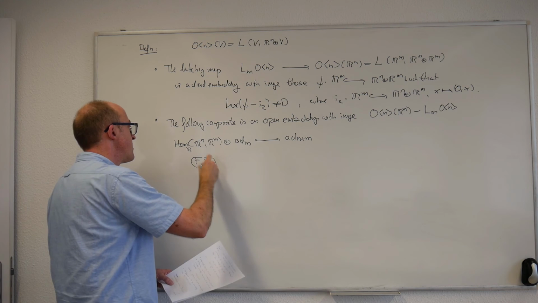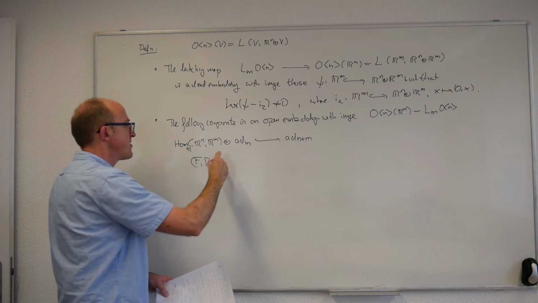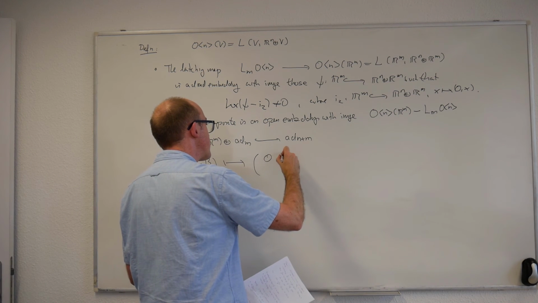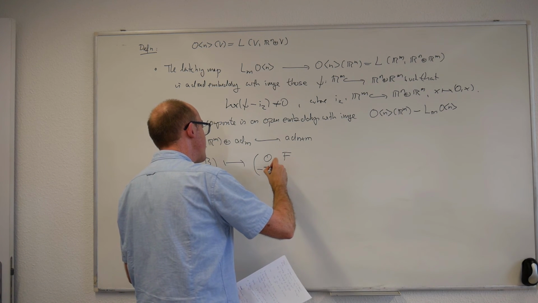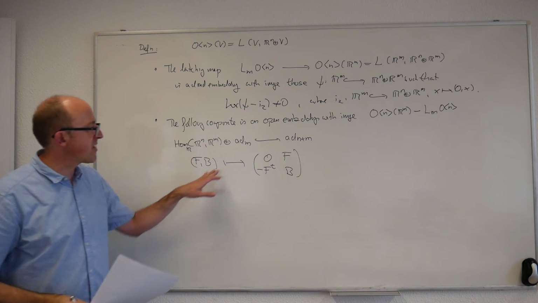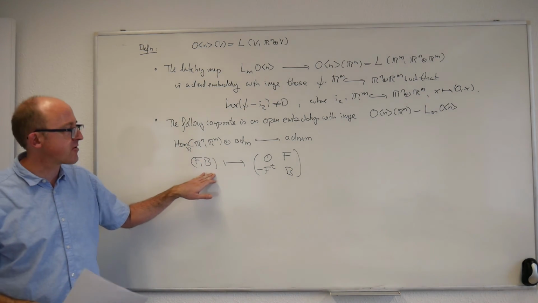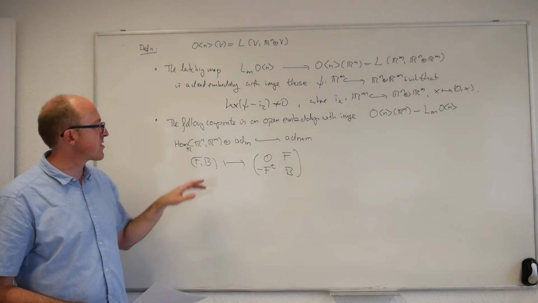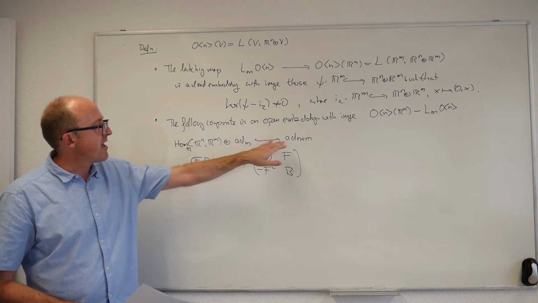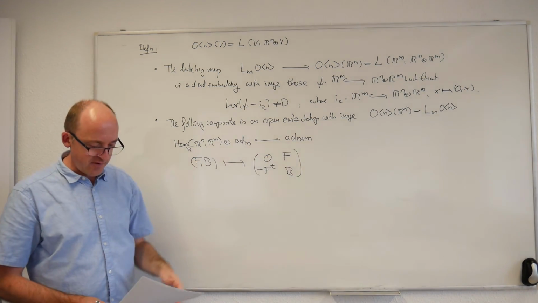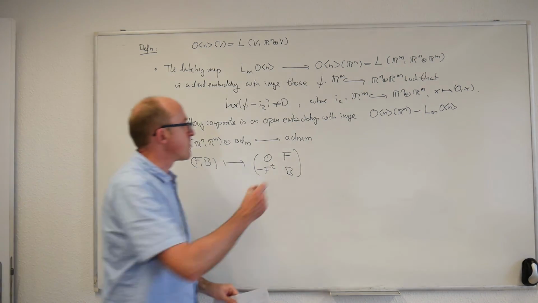We consider a linear map as a matrix, and these are matrices anyhow, so I send an (f, b) to this matrix, 0, f, minus f transpose, b, 0, and you know b was from the adjoint representation, so it's skew symmetric. Here's a 0, and this is exactly made so that the whole matrix is skew symmetric. So that actually embeds this as an O_n times O_m sub-representation of the adjoint representation of the larger group.